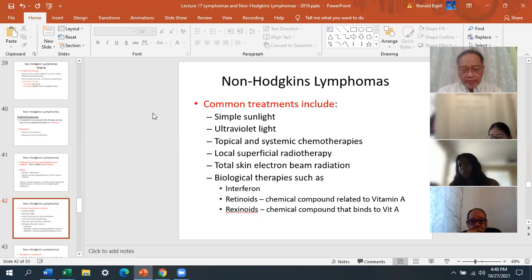And then retinoids having to do with vitamin A. A retinoid is a chemical compound related to vitamin A. And a rexinoid is a chemical compound that binds to vitamin A. So these are therapies for the Mycosis Fungoides or the non-Hodgkin's lymphoma: retinoid and rexinoid and interferon.